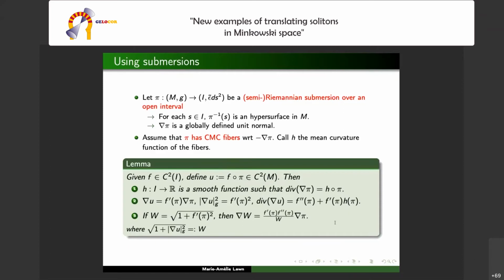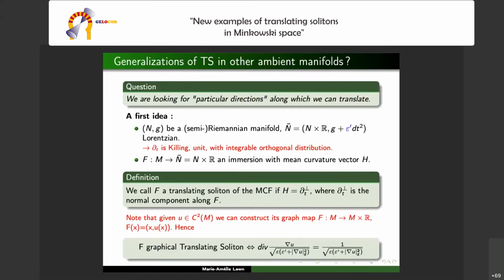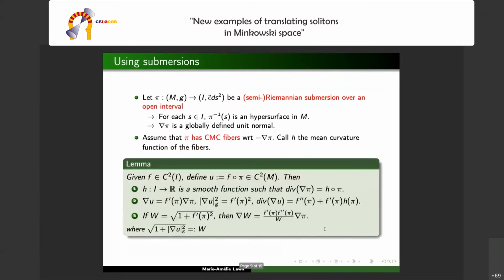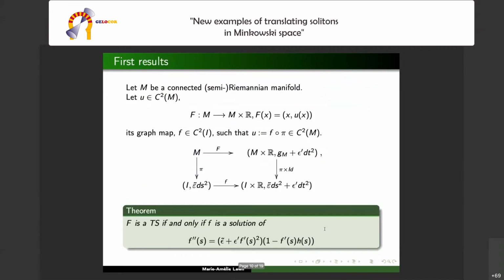This is a bit technical, so don't care too much about it, but inside of our partial differential equation, we're going to be able to replace everything in terms of this function f on the base. So basically, a commutative diagram is going to give us the intuition we need here. We have our manifold M and our translating soliton inside of the product, and we have a submersion here.